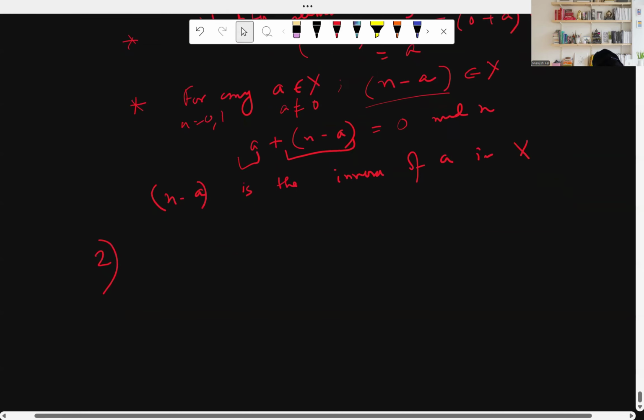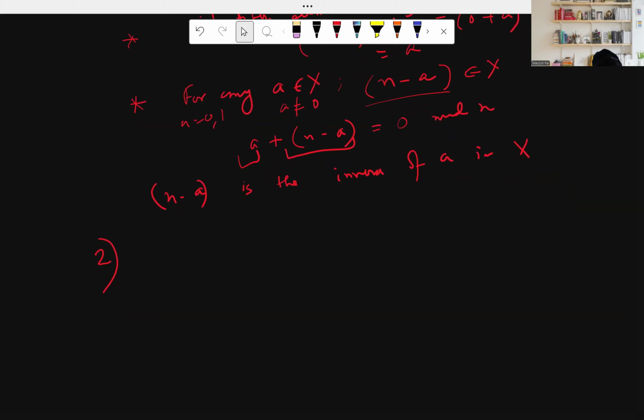Next example is that of, we can take the example of X as Z mod nZ, where n is prime, and it contains the elements other than 0.